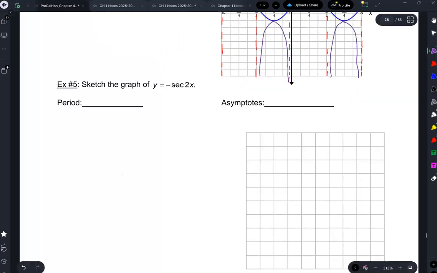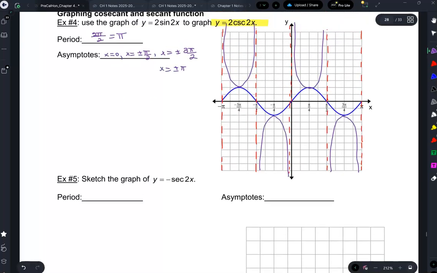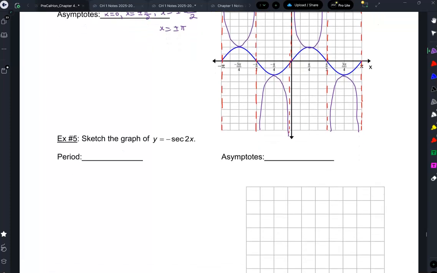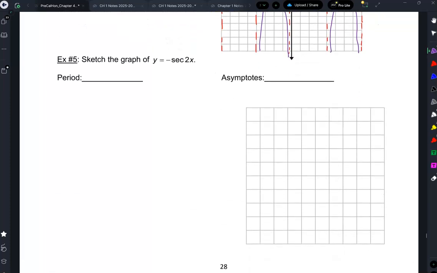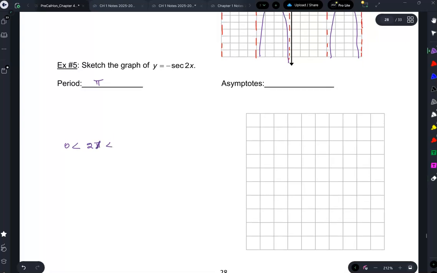Okay, next let's draw a secant. So for a secant, we're going to do a cosine. Okay, so the period for this one is going to be pi again. So we're going to go from 0, 2x, to 2 pi. Why can't I erase? Okay, I can't erase.